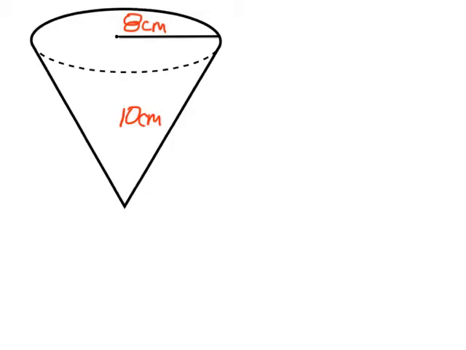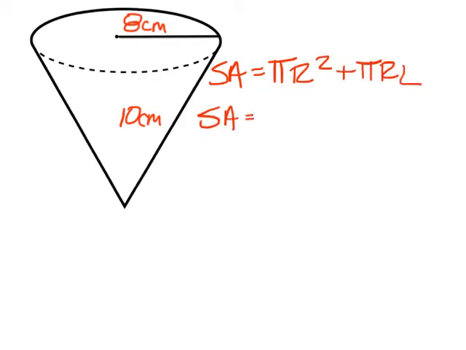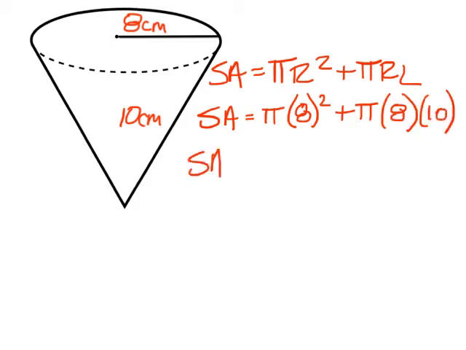Practice number 2. Find the surface area of the cone with radius 8 centimeters and slant height 10 centimeters. The solution for the practice problem is to start with the formula: surface area equals pi r squared plus pi rl, and plug in what you know. The radius is 8, and we put it there and here along with the slant height.